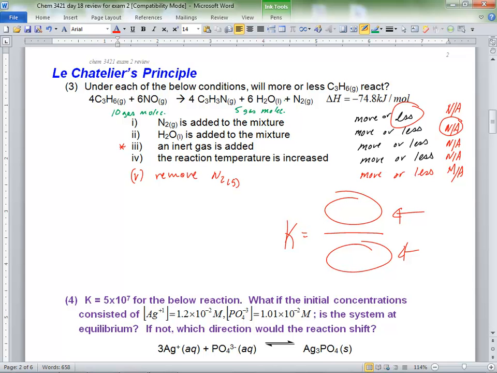You add pressure, the system has to respond to reduce that pressure as best it can. It's not going to get rid of all of it, but it can try. So it's going to shift towards the low pressure side. So if it shifts that direction, will more or less C3H6 react? More. Good.